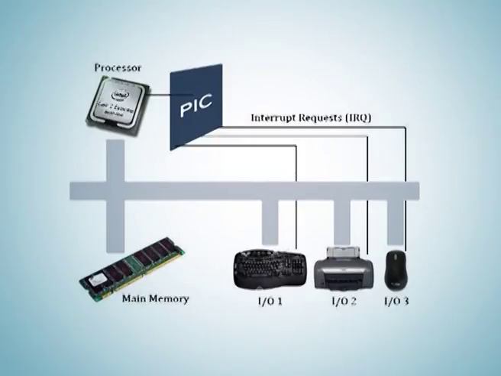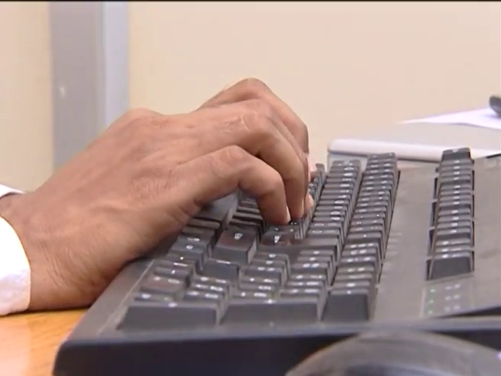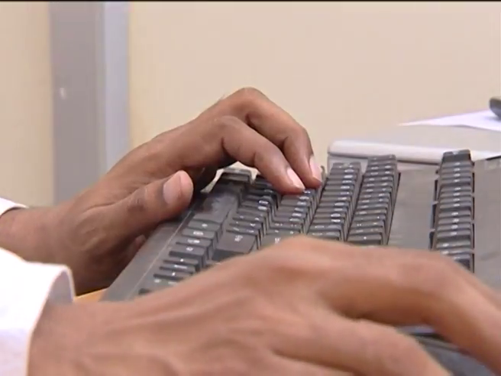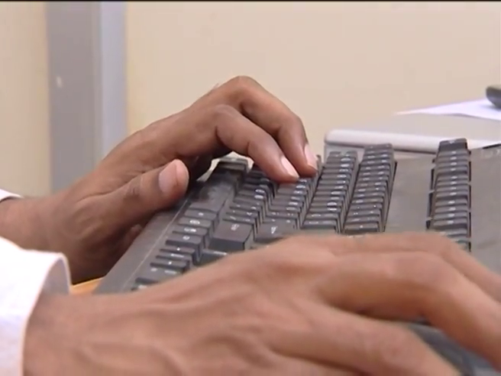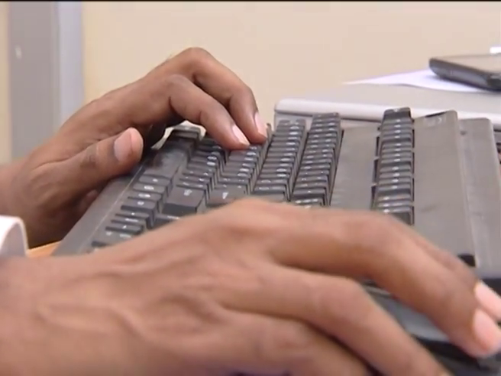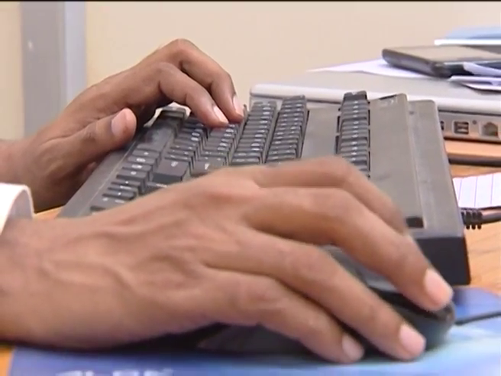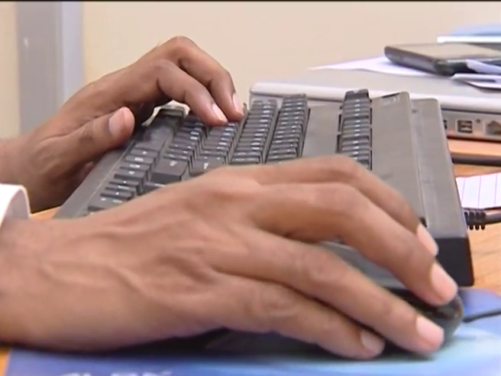An interrupt may also come from an external device like a printer, scanner or any other device connected externally to the computer system. For example, pressing a key on the keyboard or moving a mouse sends a hardware interrupt signal that causes the processor to transfer the control to an interrupt service routine.